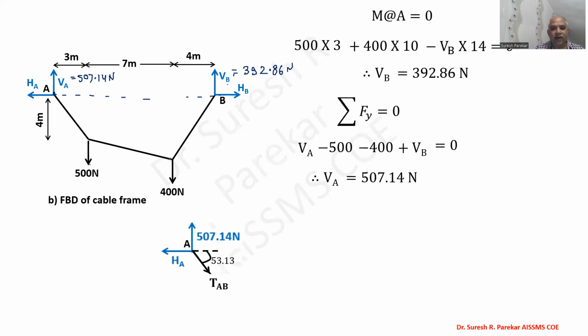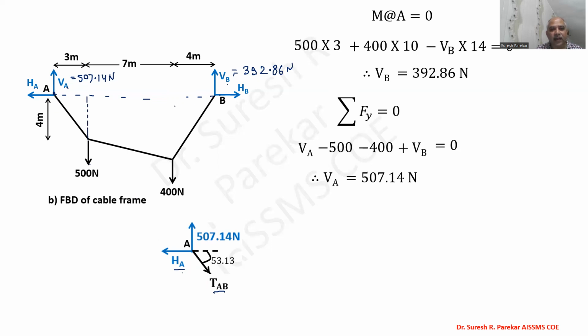Now, knowing this value, we can consider joint A, because at joint A we have known VA, and then we have unknowns HA and TAB. Therefore we have considered this joint, because we know this as 3 meter and this is given as 4 meter.